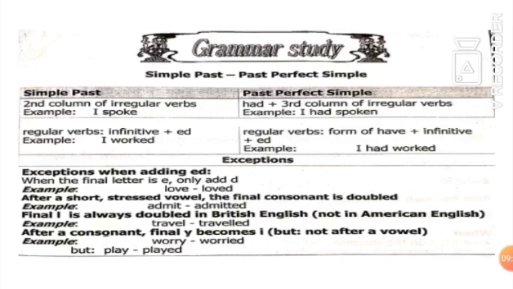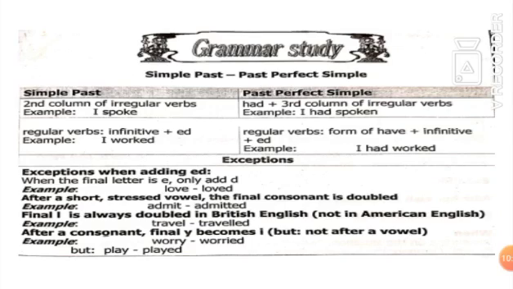Verbs ending in E, we just add D, like the verb love. Okay, it ends with E, so we just add D. Verbs that end in a consonant letter preceded by a vowel letter, we double the last letter before adding ed, like the verb admit.